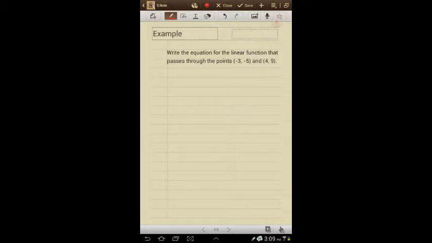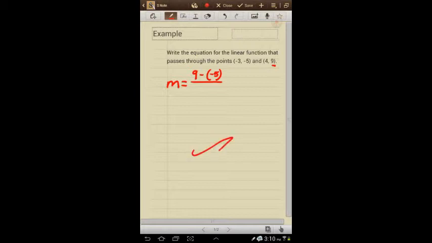First thing we need is our rate of change, which is the y from the second point minus the y from the first point. So it's 9 minus -5.